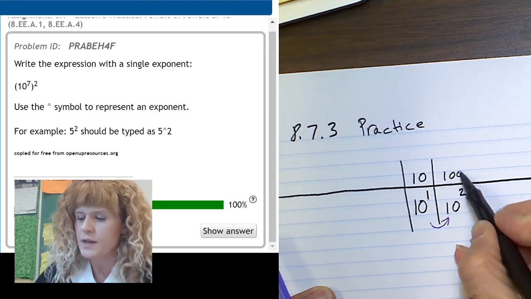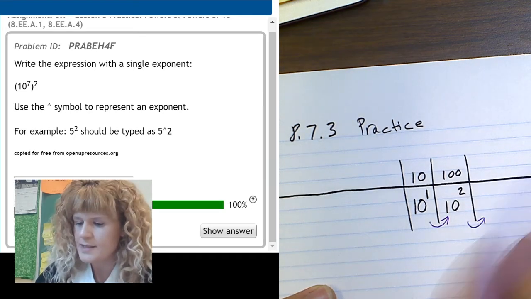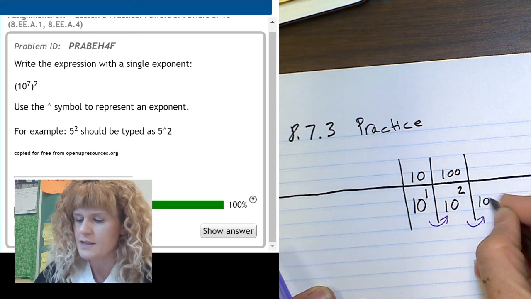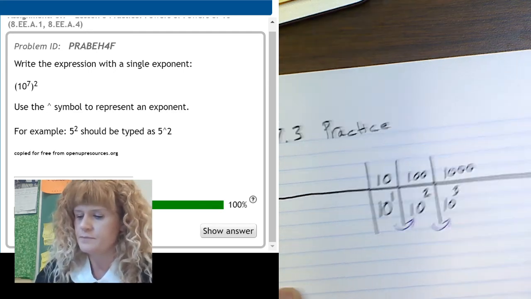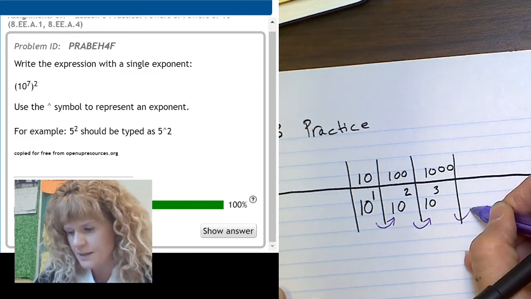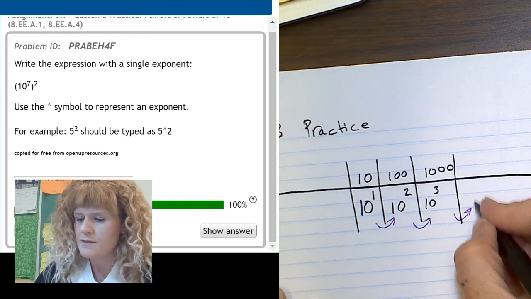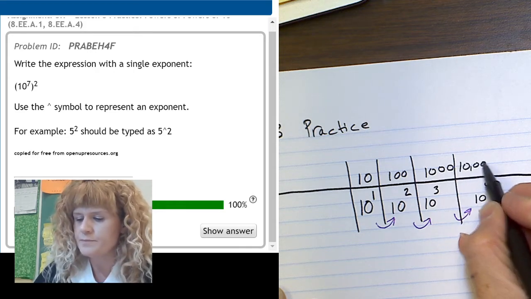That equals 100. I'm going to multiply by 10 again, and I get 10 to the third power, which is equal to 1,000.